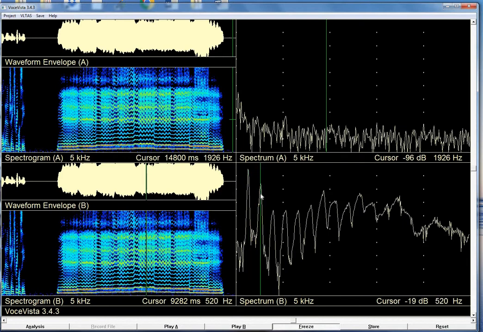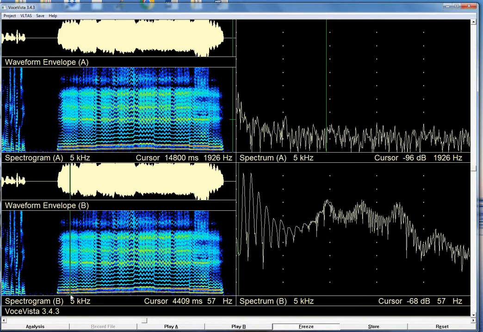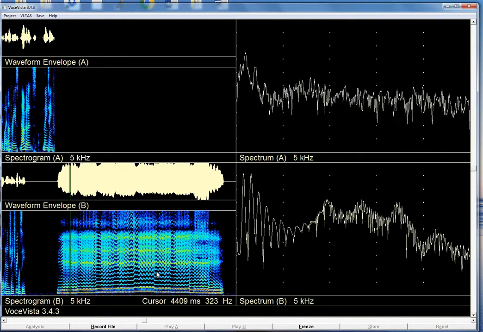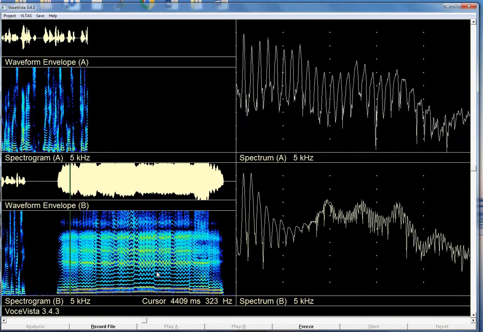Yeah, each harmonic is about 260 hertz apart, while down here at the lower note, each harmonic is going to be about 160 hertz apart. All right, so the vowel stayed the same, but which harmonic was lining up with one of those resonances is changing.